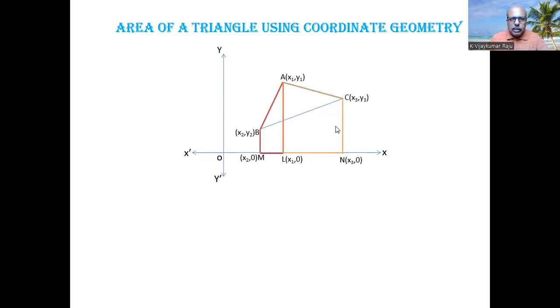There's another trapezium here. I'll add these two trapeziums and subtract this from that, and I'm getting the area of the triangle. Getting it? That's the concept we are going to use here.